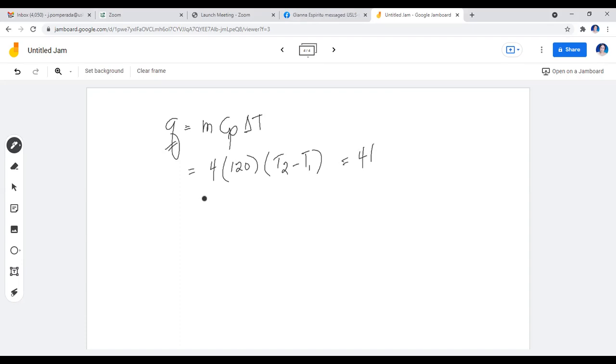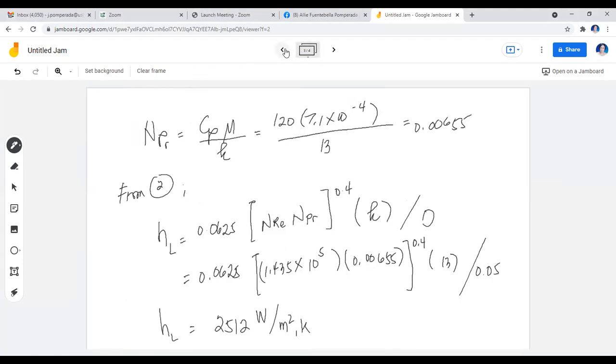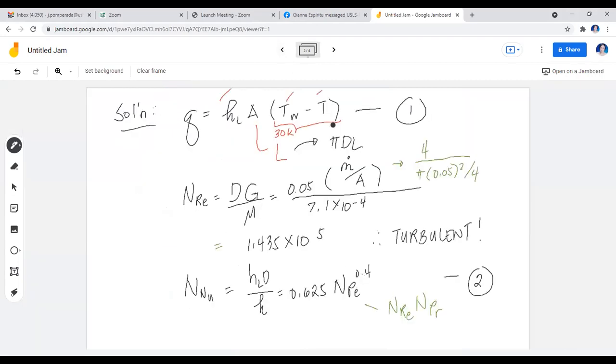You have 4 times 120 times, specifically, 505 minus 500. Just like Drexel said, that should be 5. So your answer for your Q is 2,400 watt.